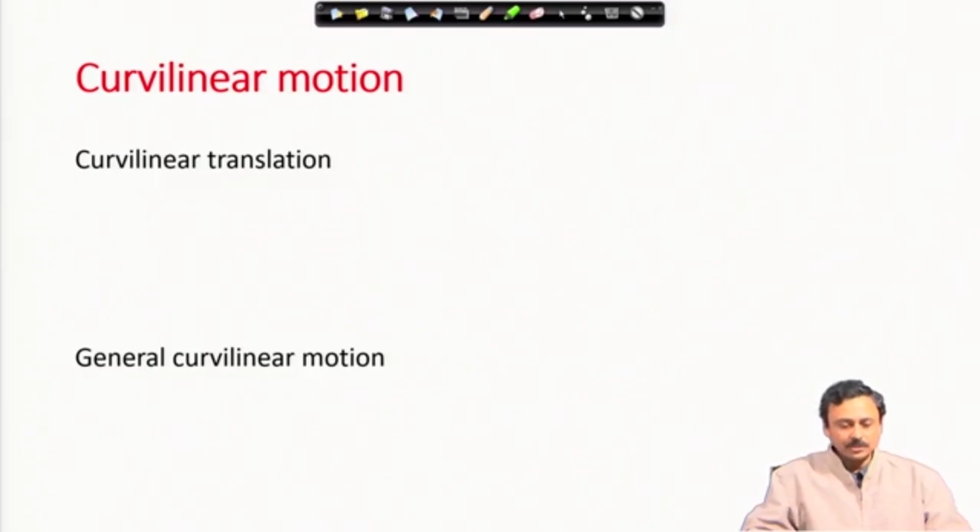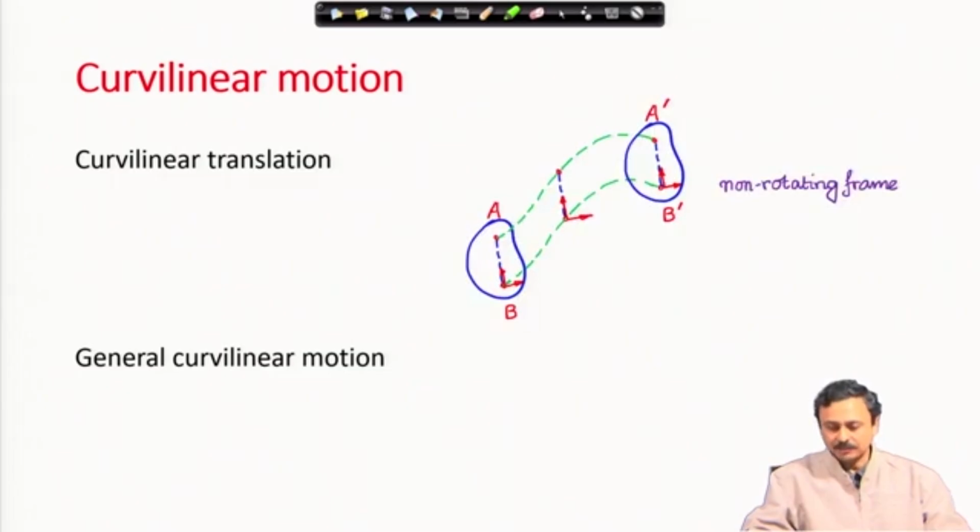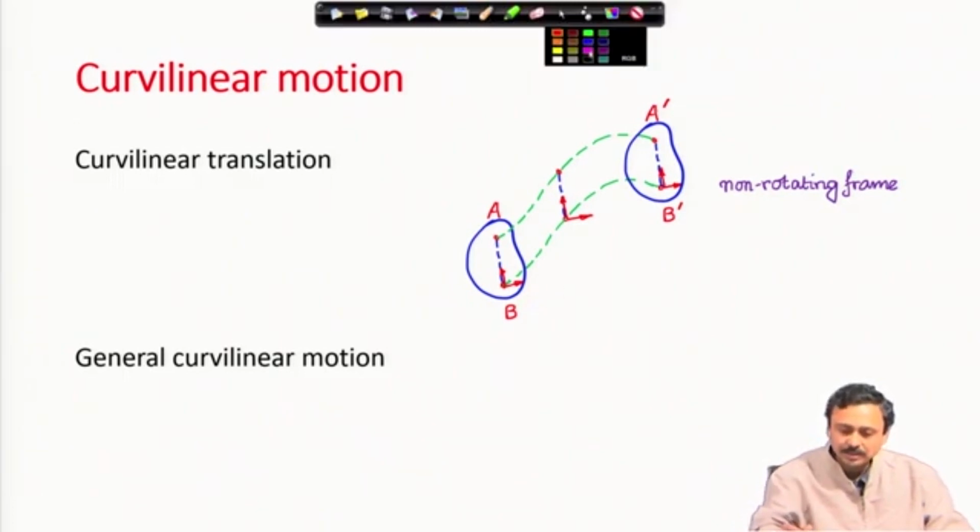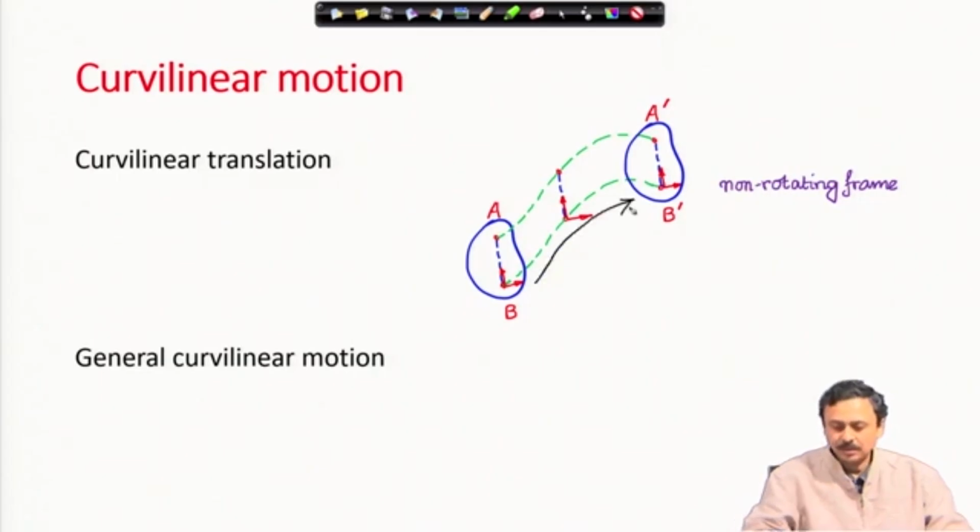Before we go to this topic, let me briefly tell you about general curvilinear motion and curvilinear translation, the difference between these two kinds of motion. Suppose there is a frame whose origin is moving on this green path. It may be part of a rigid body. It is moving on this path, but it is not changing its orientation.